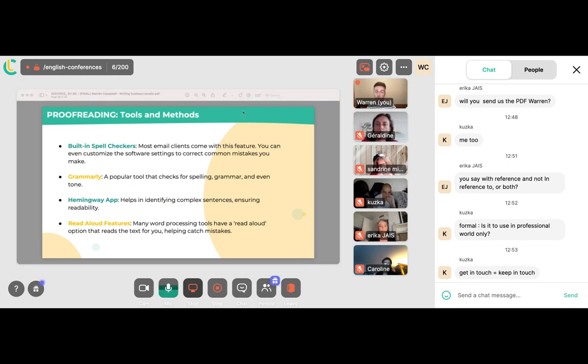Now, here are some tools that may help you here as well. I use some of these tools on a daily basis if I'm preparing content for students as well. So built-in spell checkers. Most email clients come with this feature, okay? You can even customize the software settings to correct common mistakes you make. I know this is a very common feature on Gmail in particular.